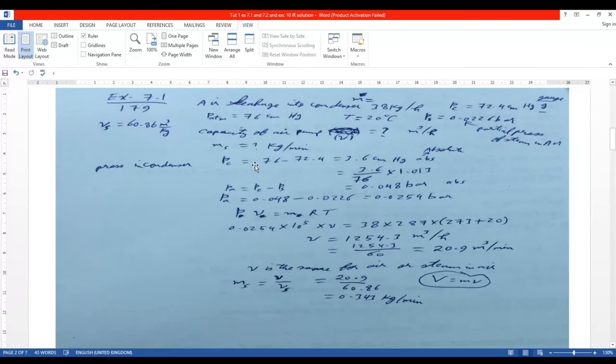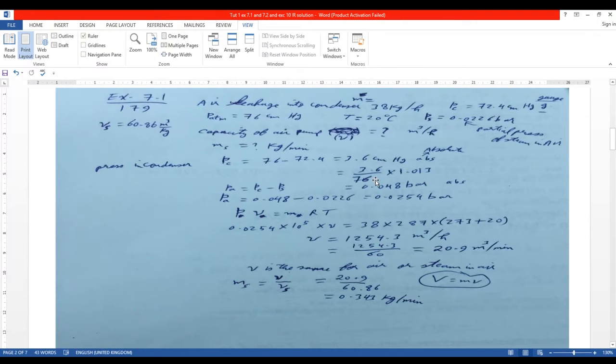So this is the absolute pressure in the condenser in centimeter mercury. Now to change it to bar, we divide by 76 and we multiply by 1.013 bar.